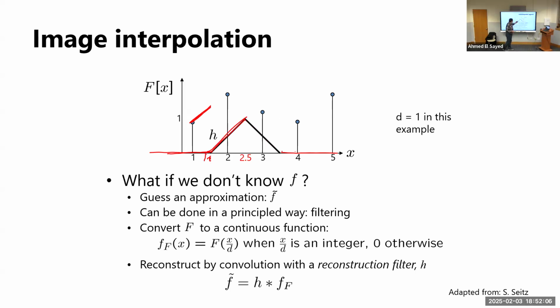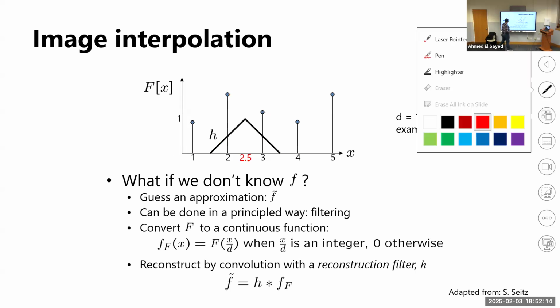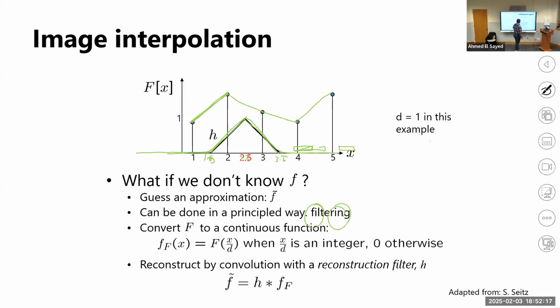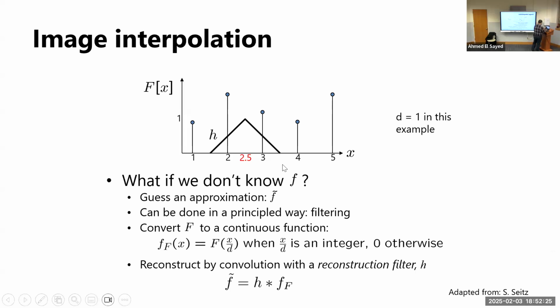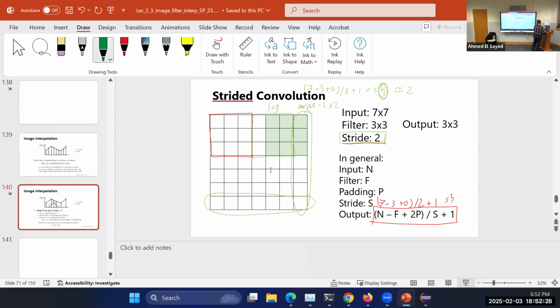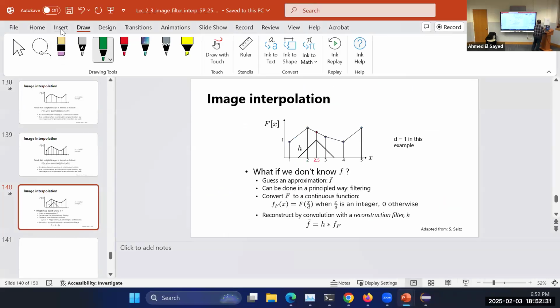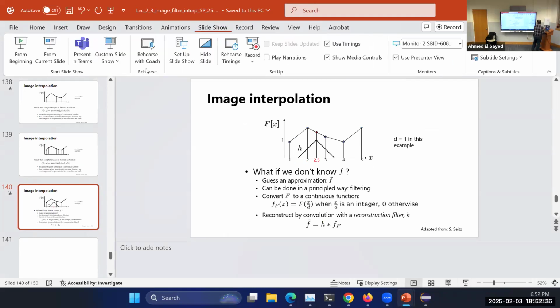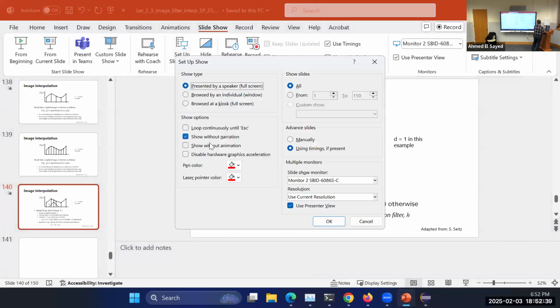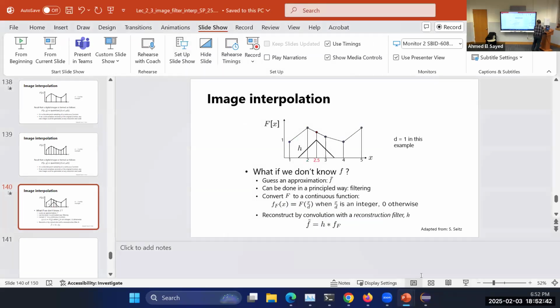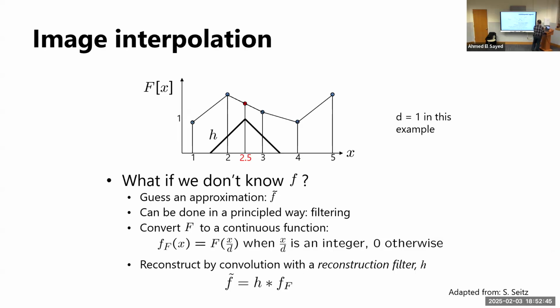Anyway, so if I want to convolve this with the green function, what's wrong now? You know what? Let me stop. Let's see. So make sure that none of this will happen.